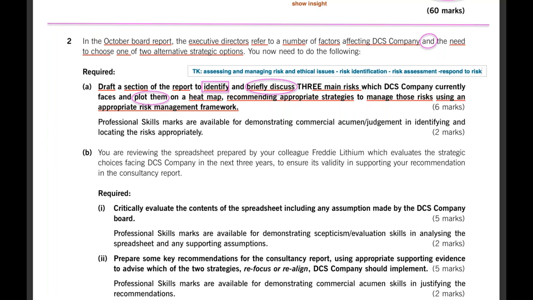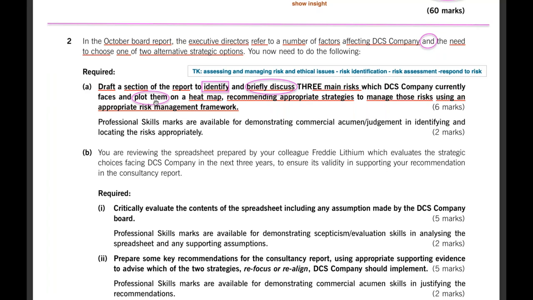So four things here: identify, briefly discuss, plotting, and then recommend the appropriate strategies for these three risks. After you plot these three and you recommend, you get 6 marks, so each of these risks carries 2 marks. Identify and briefly discuss, you get 1 mark.